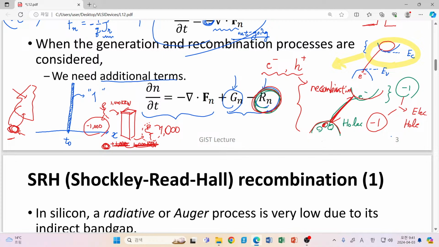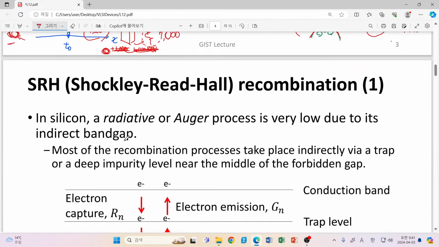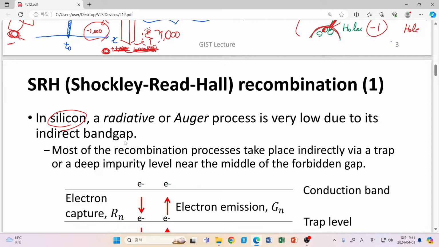Now we are considering the conduction band and valence band, and up to now we have talked about direct electron transition or electron exchange between the conduction band and valence band. However, unfortunately, in the case of silicon, the direct exchange of electrons between the conduction band and valence band is not allowed.